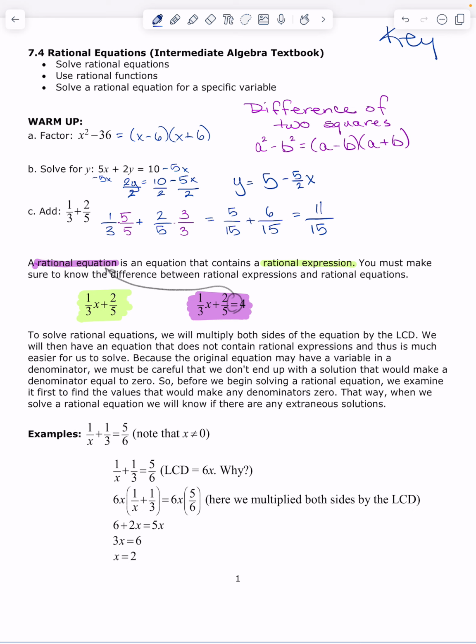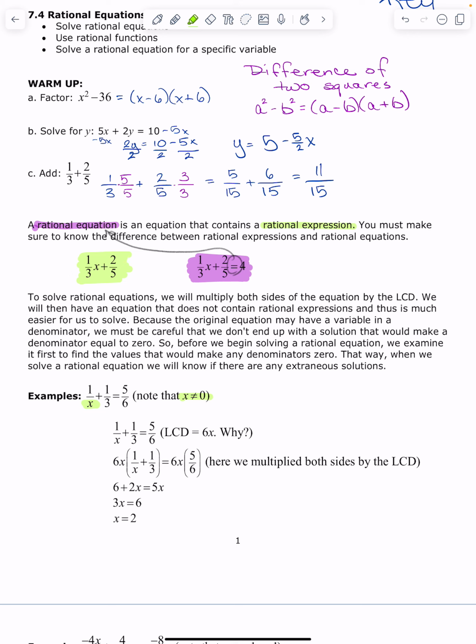If x is 0, then I would have 1 divided by 0 right here in this first expression. We know we can't ever divide by 0, so if by some chance we get a 0 as a solution, we are just going to cross that out and ignore it.